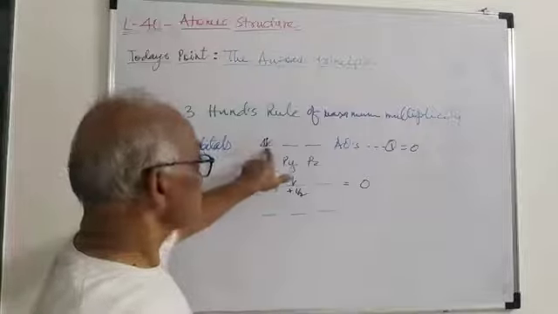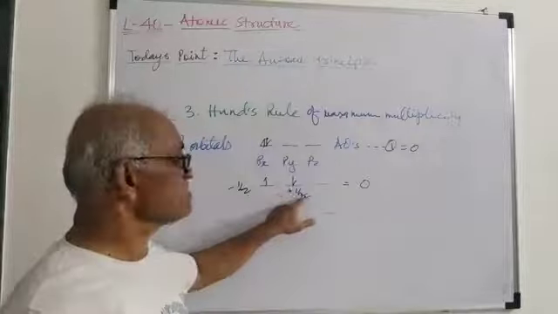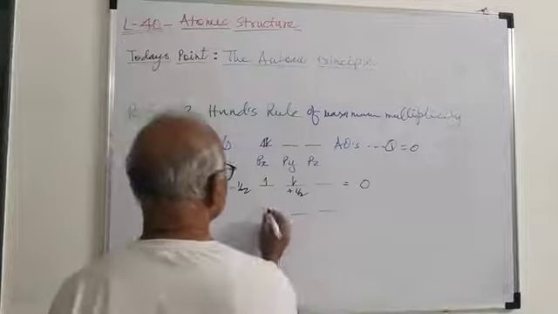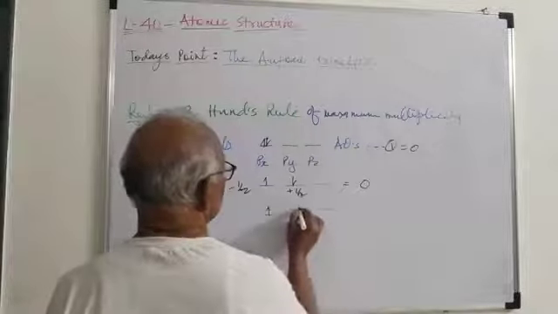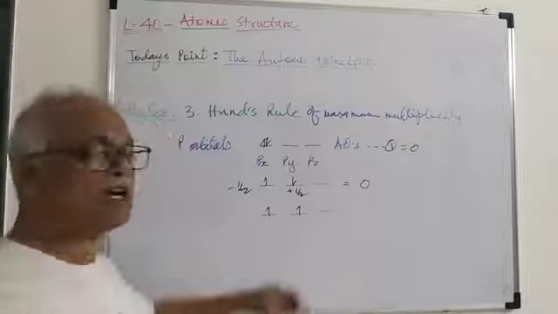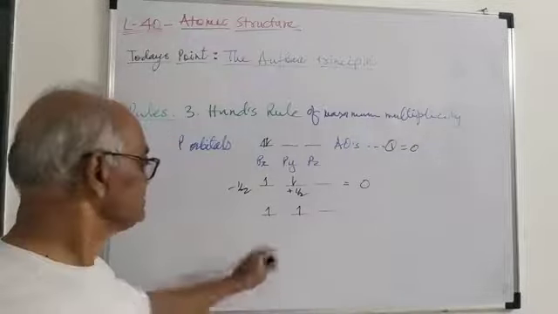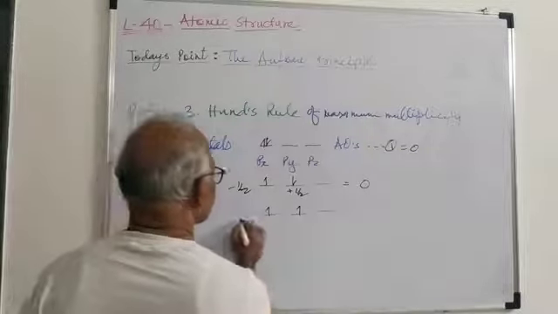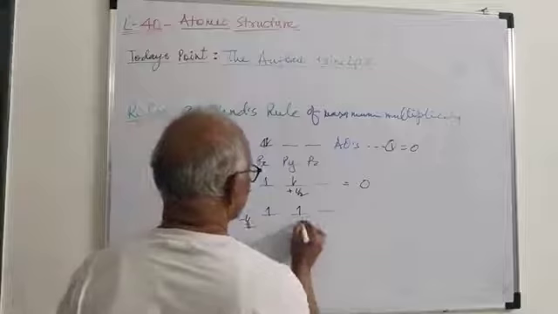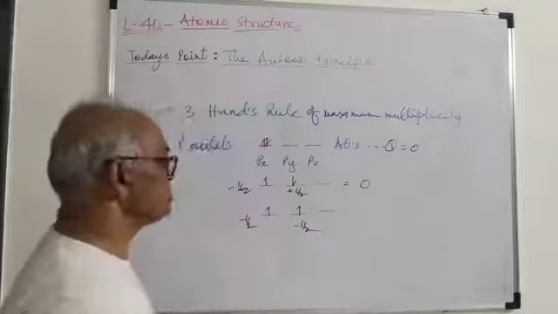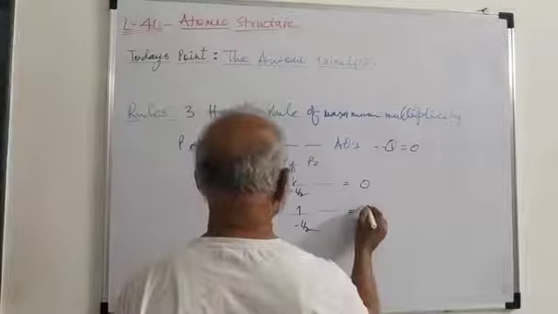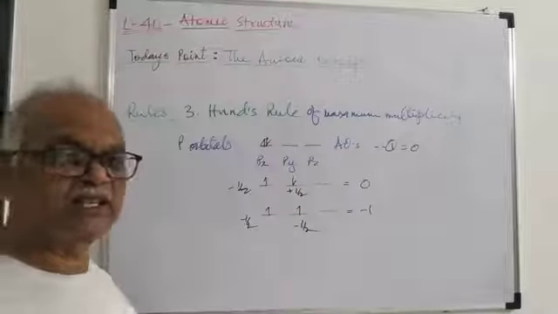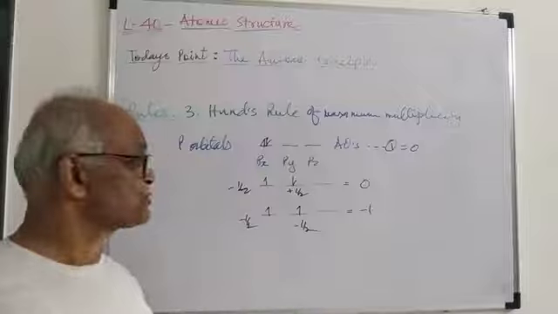But in both cases spins are opposite. Now we can consider a third situation in which both electrons have the same spin. Say this has -1/2 and this also has -1/2, so the total spin is -1.